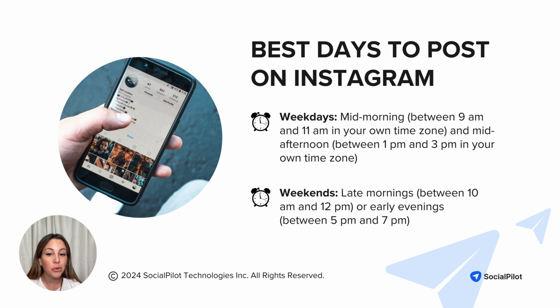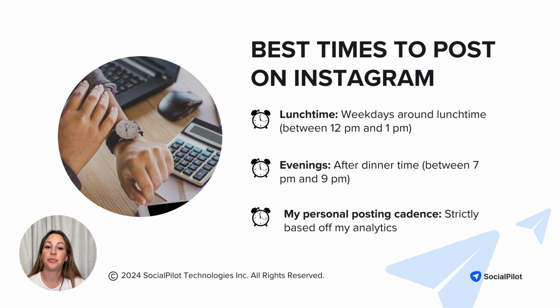That's going to be mid-morning between 9 a.m. and 11 a.m. in your time zone, mid-afternoon when people are taking breaks from work. And then weekends, people aren't working. So you have to consider posting during leisure hours, such as late mornings, maybe between 10 a.m. to 12 p.m. your time, or early evenings between 5 p.m. and 7 p.m. when people are more free, they have time to browse.